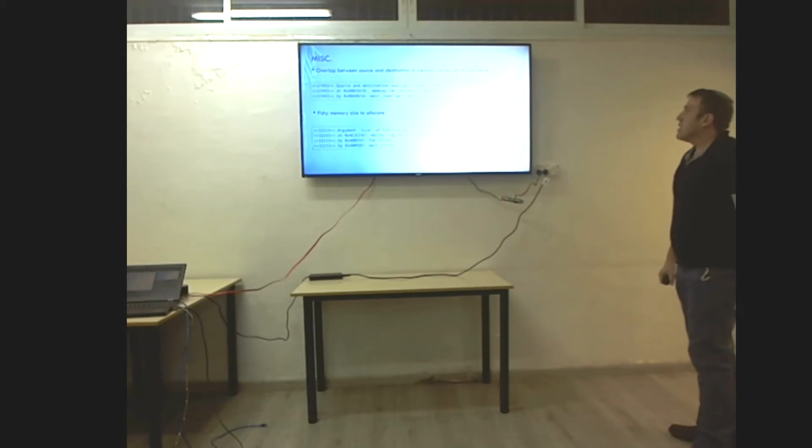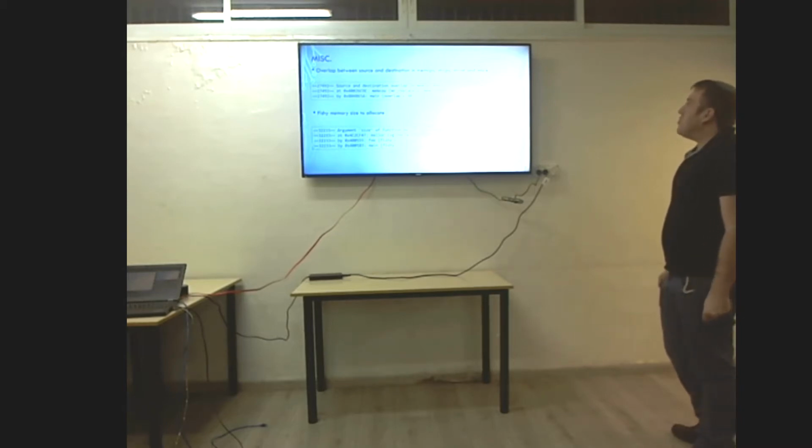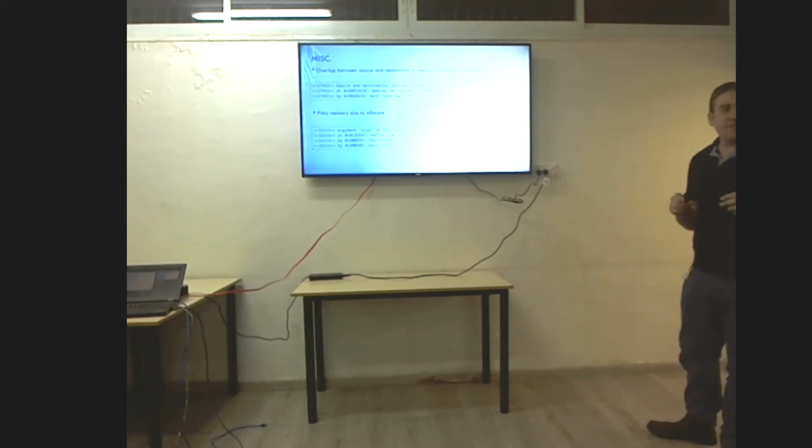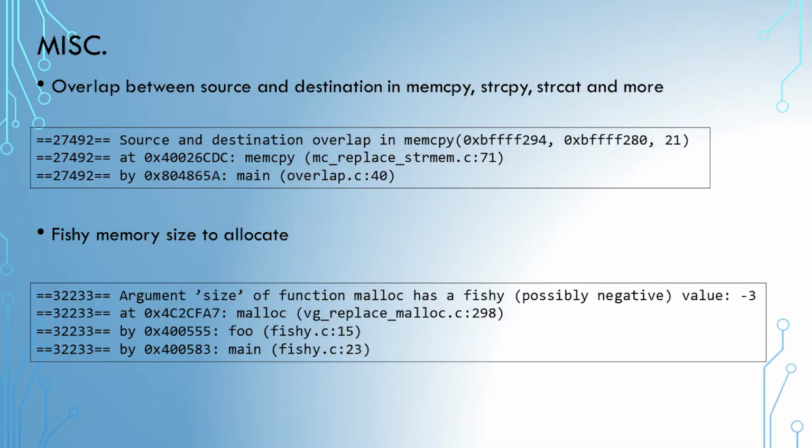Another small thing. If you are doing memcpy when the source and destination overlap, it's also considered undefined behavior, and some of those memcpy implementations start from the end of the memory blocks, or really, I don't know what will happen.